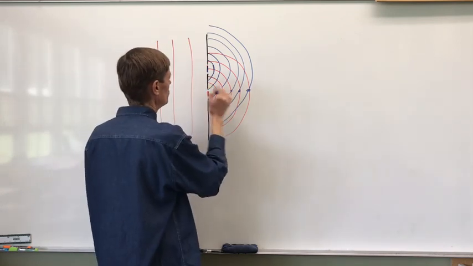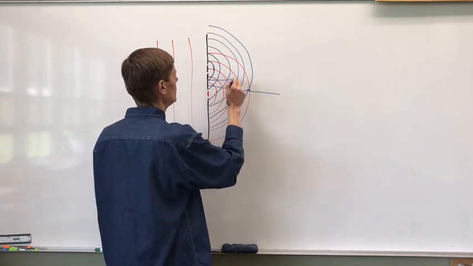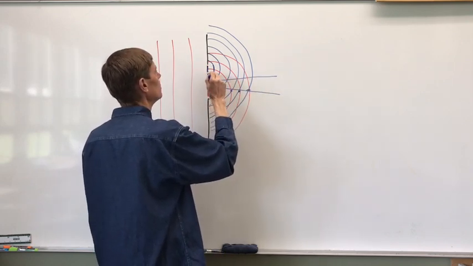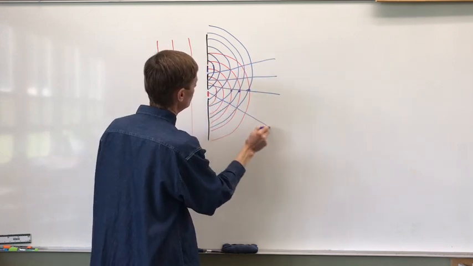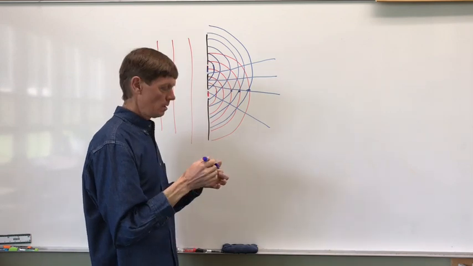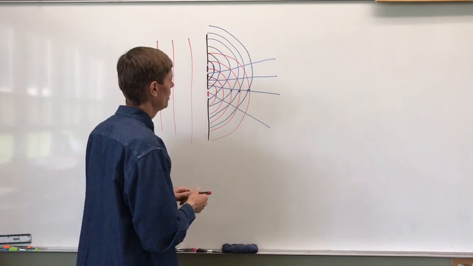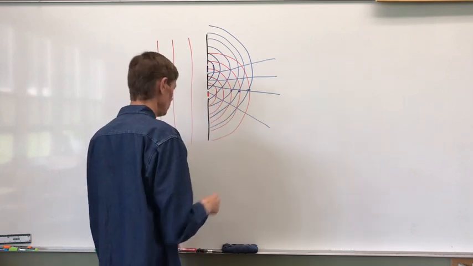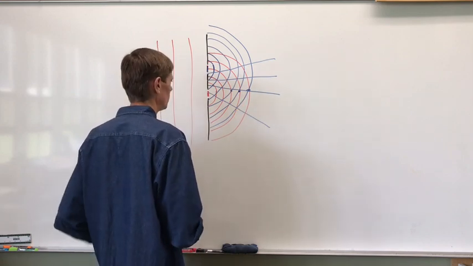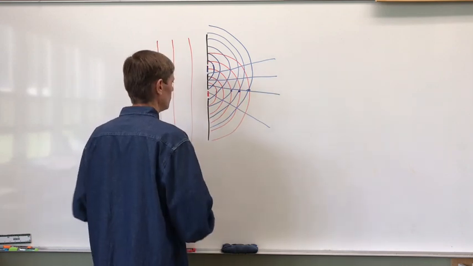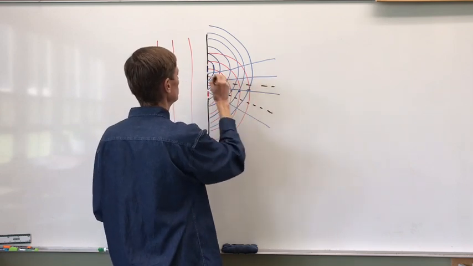My drawing's not perfect, but if we connect those dots, we could draw lines where these points intersect, and those would be where we get the constructive interference. And what happens where the blue and the red don't meet? We would get destructive interference. So we would get nothing at these points.